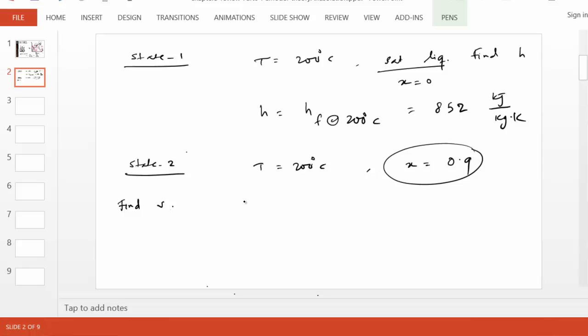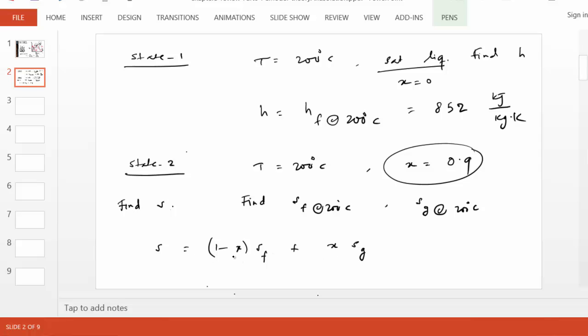So first find Sf at 200 degrees Celsius and Sg at 200 degrees Celsius. And so S will be a weighted average of the two: 1 minus X, which is the liquid fraction, times the property of liquid, plus X, which is the vapor fraction, times Sg.